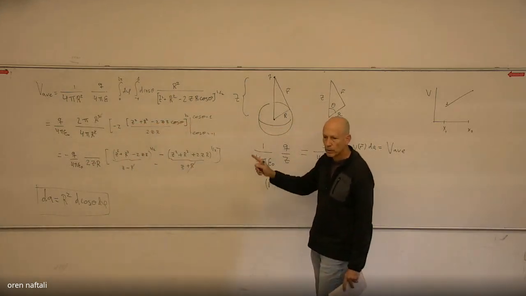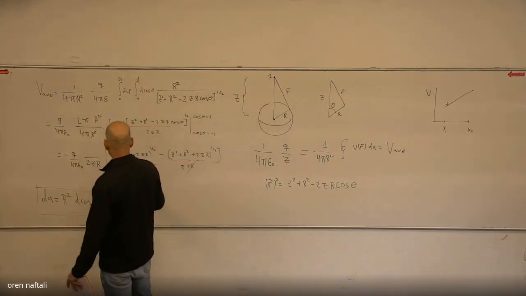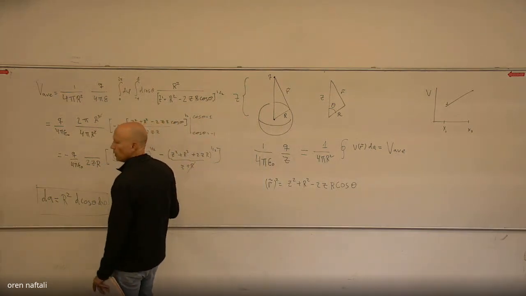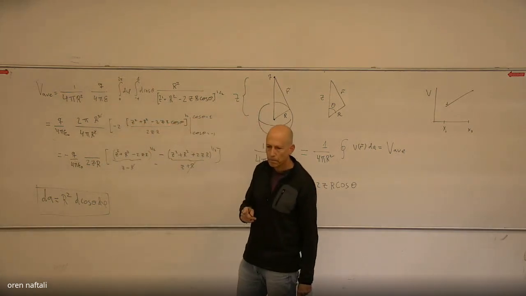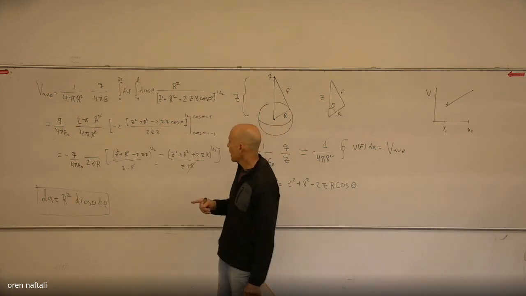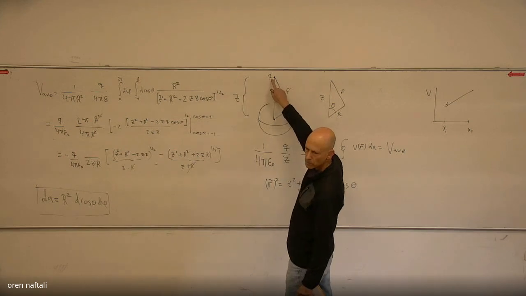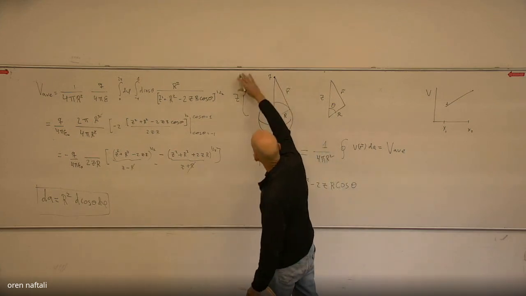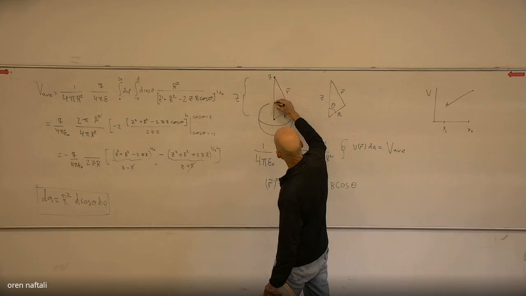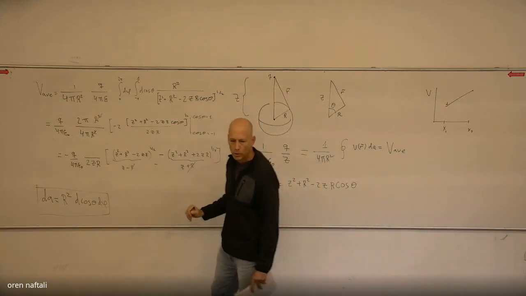So this r will be cancelled, and the z will go away. It depends on whether you're outside the sphere or inside the sphere. But z is much bigger than r. You see here, z, we're outside the sphere. This point is r. You are outside, so it's that minus. This is what I use.